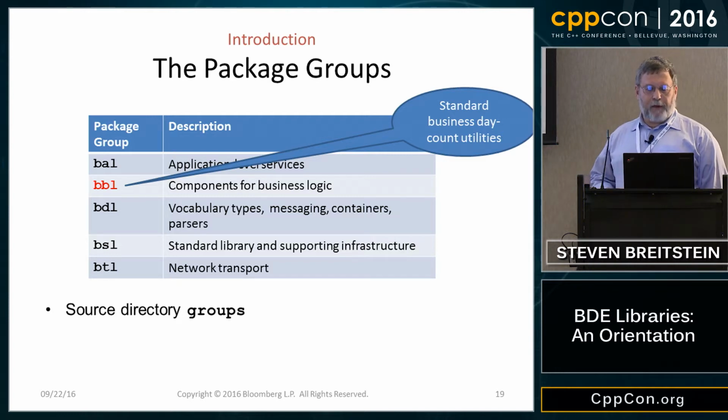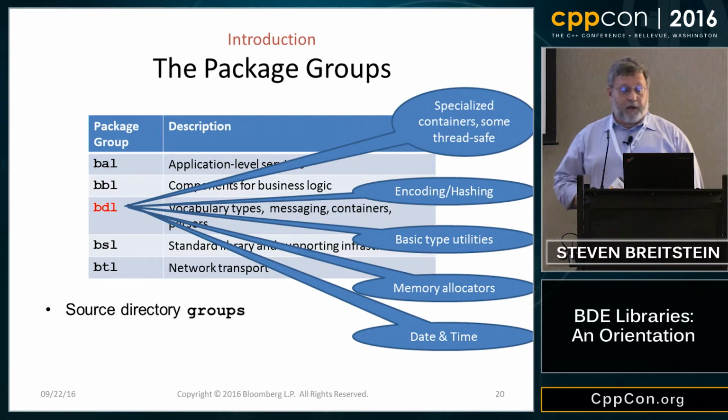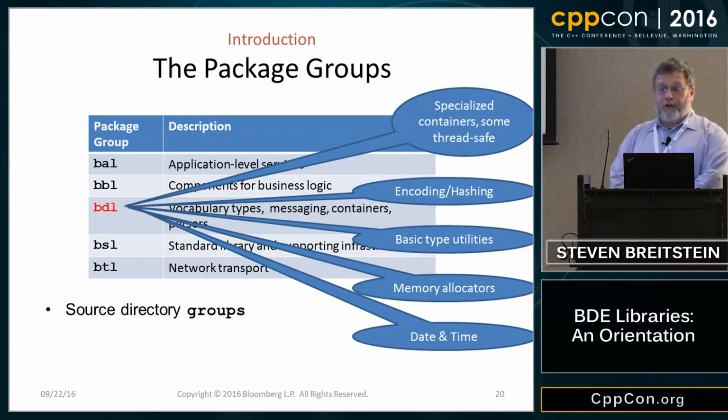This is a fairly small package group. It has some business logic in it. It has day counting conventions, something you could imagine being useful at Bloomberg. BDL is a fairly large package group. It includes specialized containers, other packages for encoding and hashing, various utilities on the fundamental types, memory allocators, and date and time.